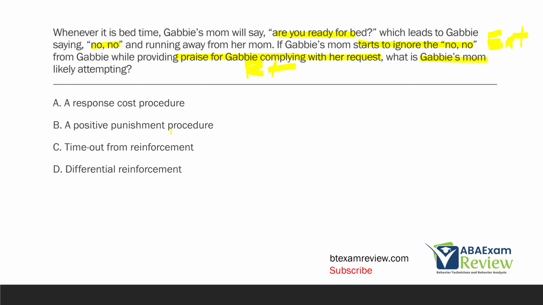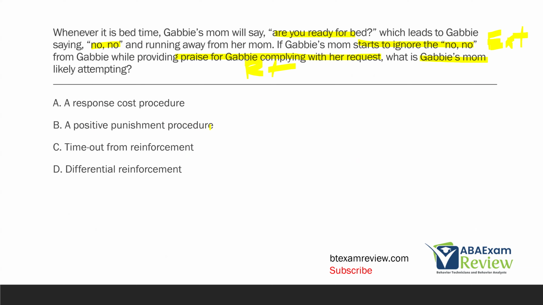A response cost procedure. What is response cost? In response to a behavior, we are removing something. It's a punishment procedure. Gabby's mom is not using punishment here. She's using extinction for the no, no and reinforcement. So B is also out, a positive punishment procedure. Gabby's mom is not adding anything as a consequence to punish Gabby.